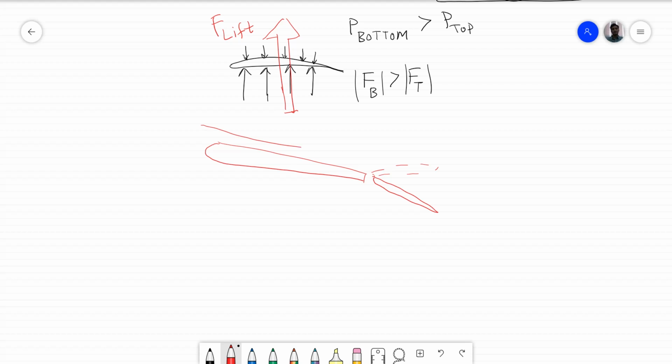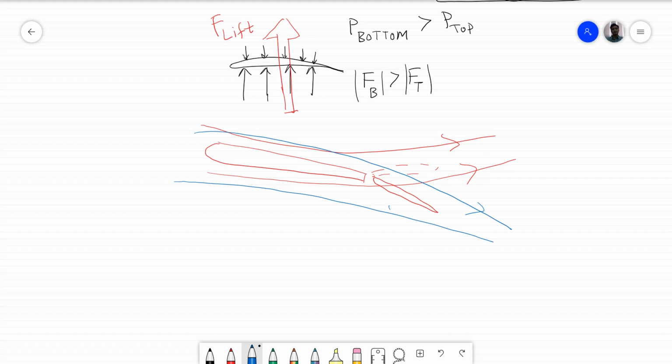So if it is tilted up, you can see that it will be curved like that, the streamlines will be curved like that, and if it is tilted downwards, the streamlines will be tilted like that. Okay, thus generating different forces on the wing. In the blue case, it will have a positive lift, and in the red case, red streamlines that I have drawn, it will have a negative lift.